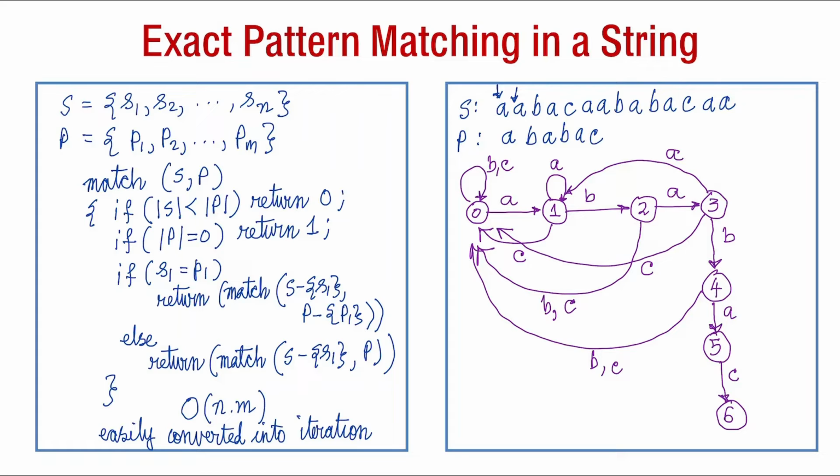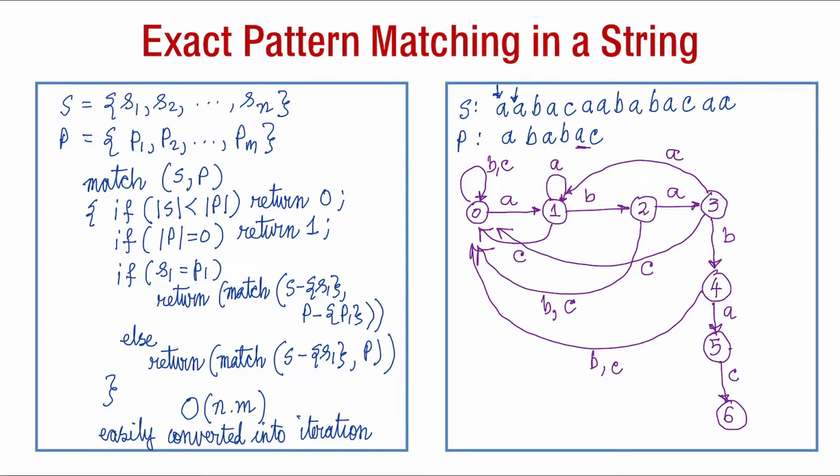In state 5, please note, when I'm supposed to go from here and supposed to get C, suppose I get B, then I know that I can move back to this state.